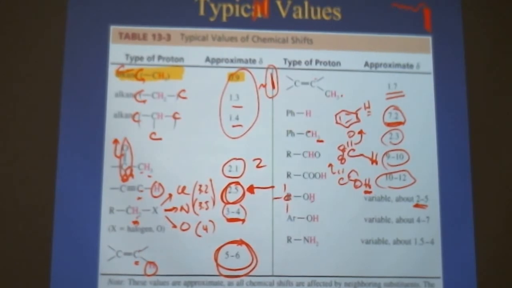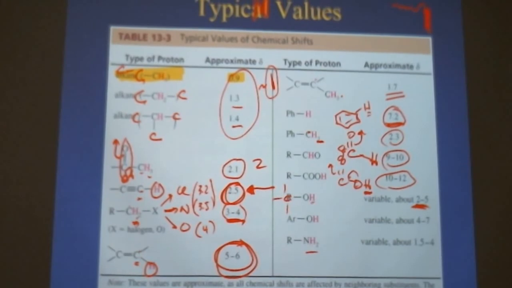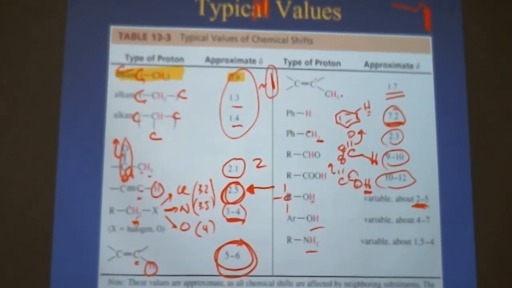So these types of things tend to be, rather than sharp peaks, more like blobs, somewhere between 2 and 5. That really varies. And again, things that have hydrogen bonds, you tend to fluctuate a little. All right, so let's look at problem 1.